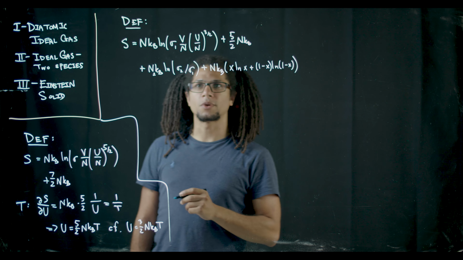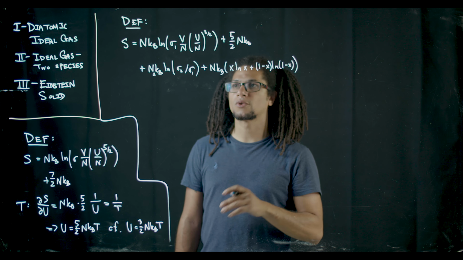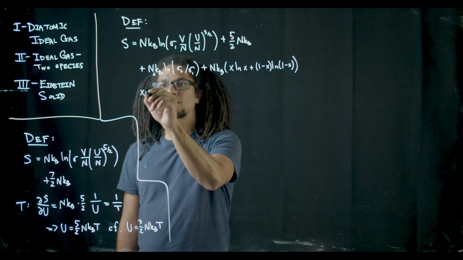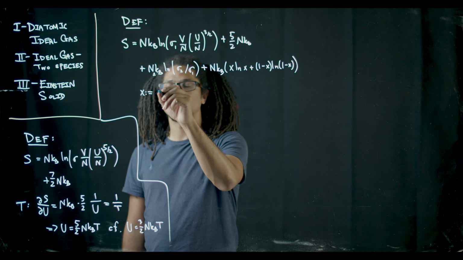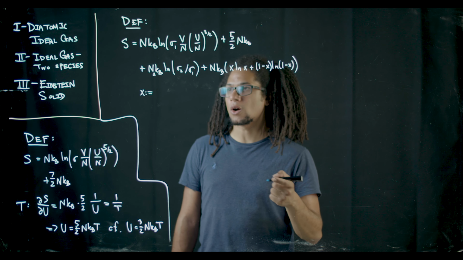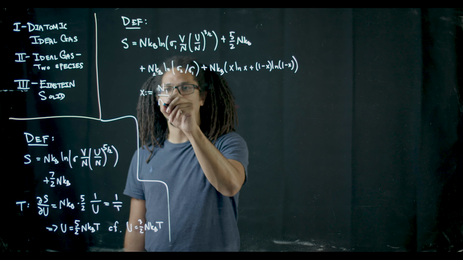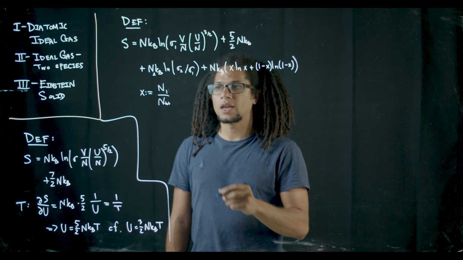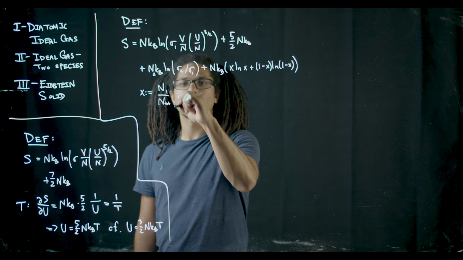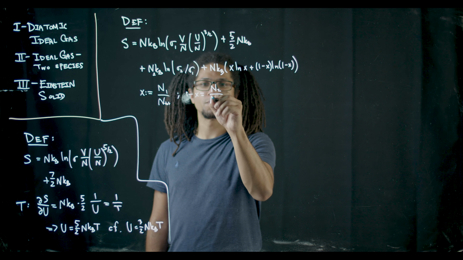And I need to define a couple of things. So sigma 2 is the sigma constant for the second species. X, by definition, is just equal to the proportion of all of the atoms which are of type A, or type 1, I should say, n1 over n total. And it follows that 1 minus x is equal to n2 over n total.